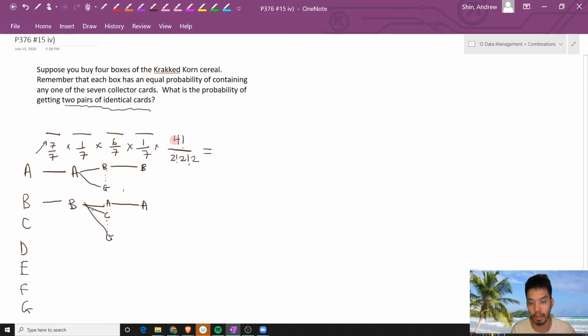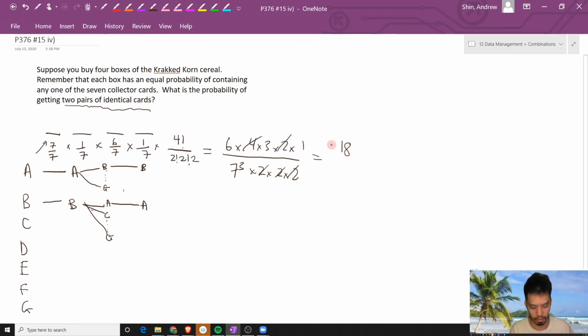It's going to be 6 times 4 times 3 times 2 times 1 over 7 to the power of 3 times 2 times 2 times 2. So this divides out, and we're left with 18 over 343.